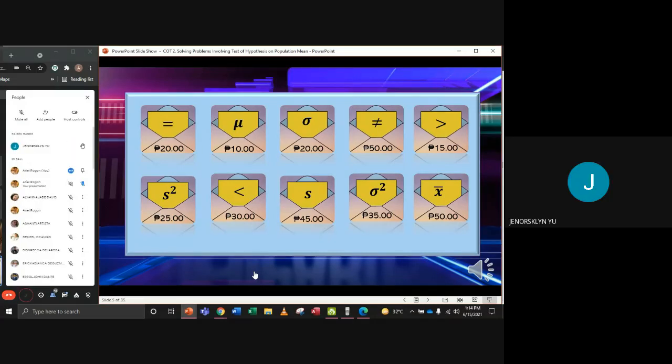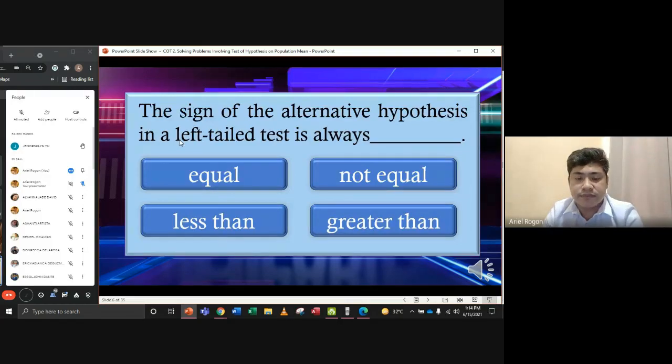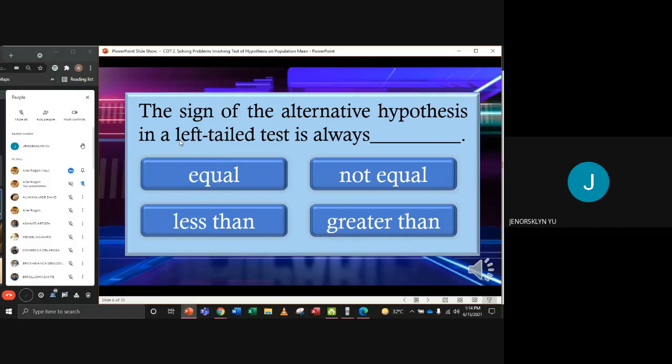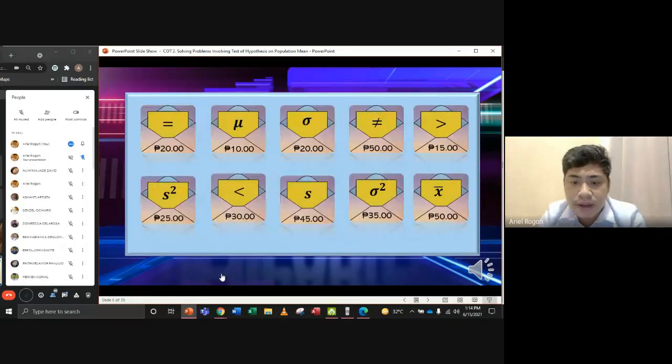Equals, sir. Equals. Okay, the sign of the alternative hypothesis in a left-tailed test is always less than, sir. Less than. That is correct. Okay, next. Is there anyone else? Sample standard deviation.